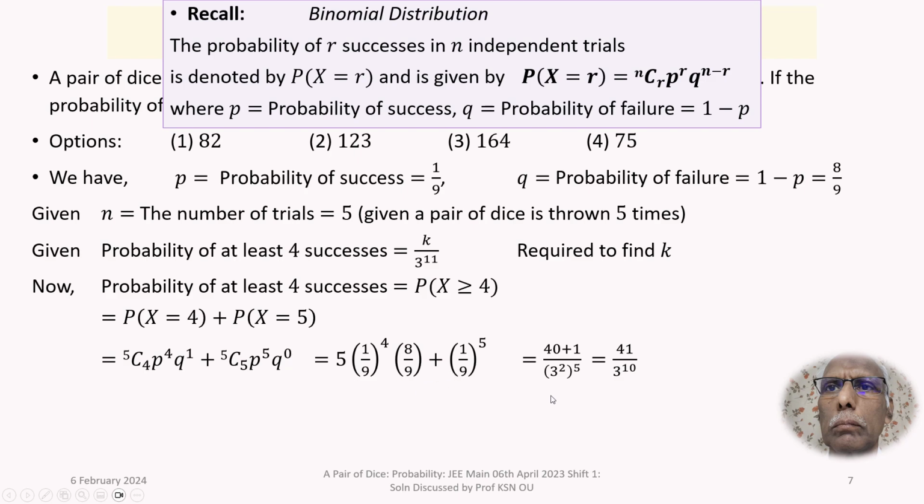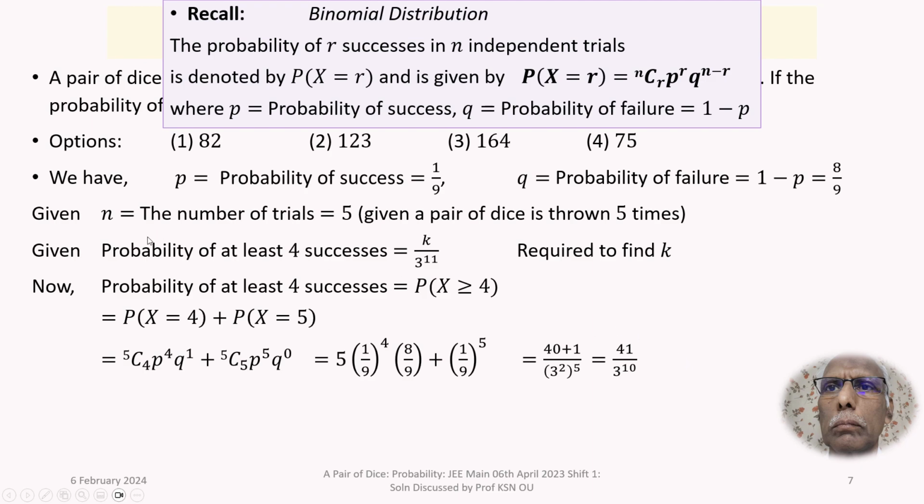So take the LCM, which happens to be 9 to the power of 5. 9 to the power of 5 is written as 3 square whole to the power of 5. And when you take the LCM, it is 5 eights are 40 plus 1, so 41 by 3 power 10.